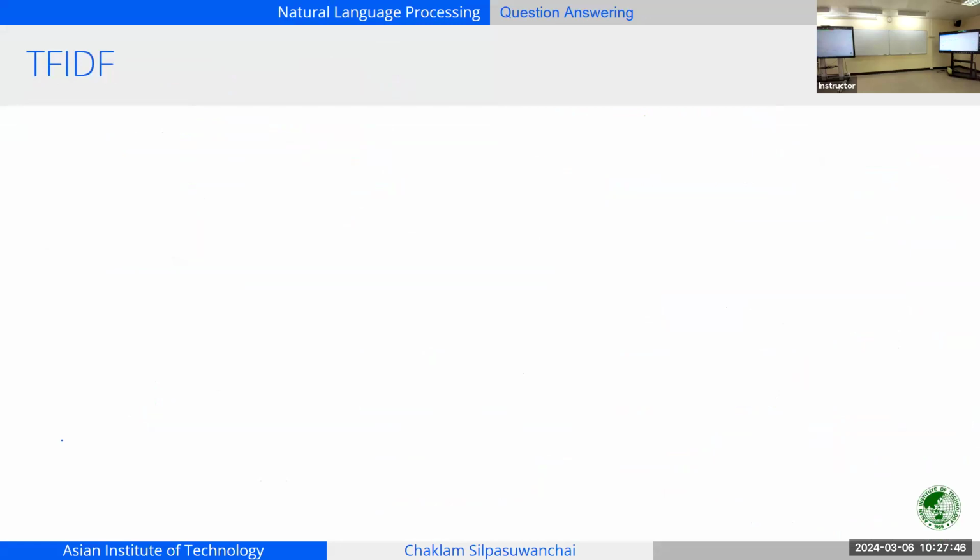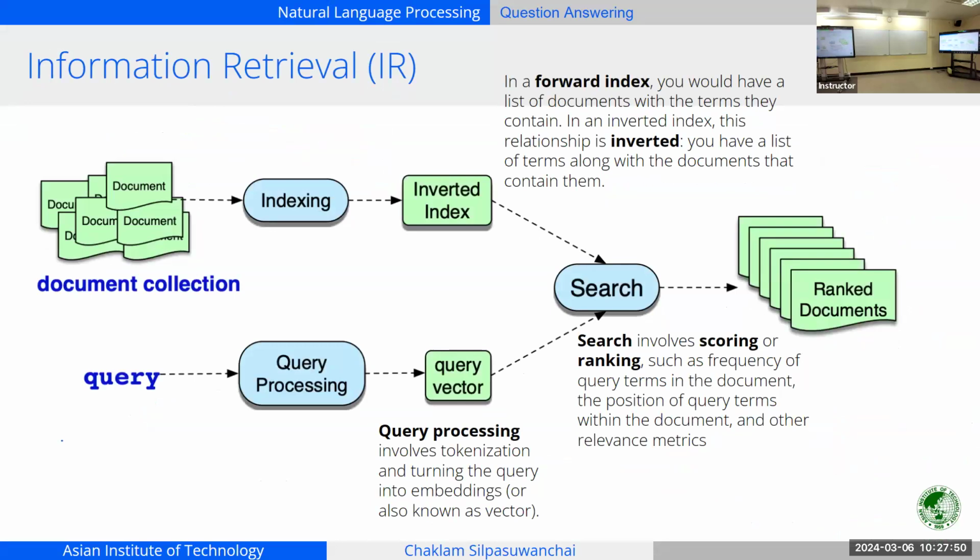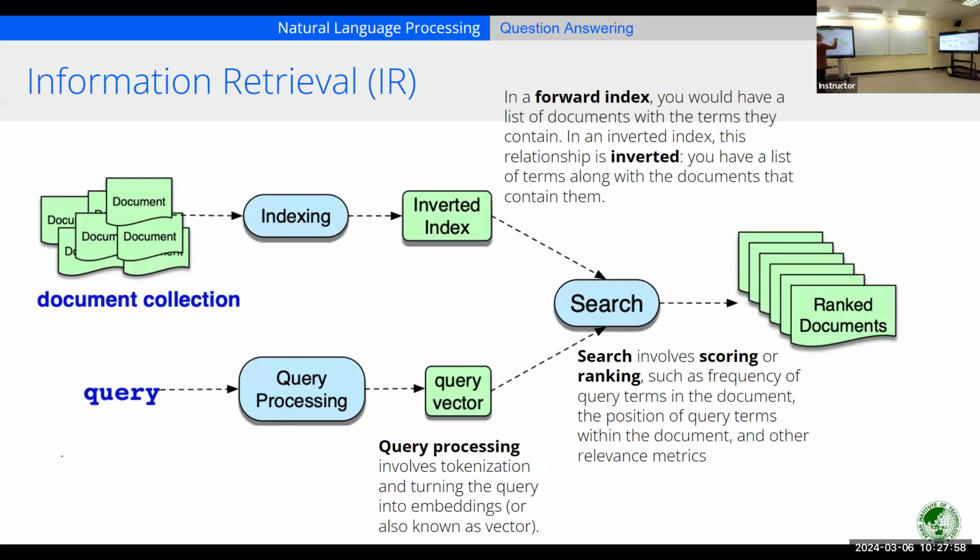So firstly, to rank the documents, let's learn the first simplest way to rank documents, and that is TF-IDF. This is the most basic way that you need to know.